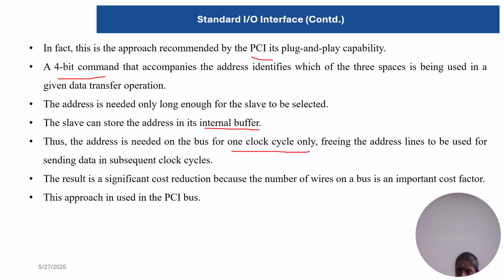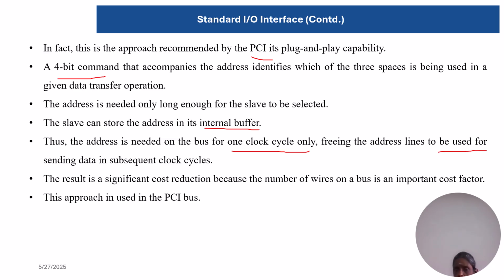In the same way, sending the request and responding by the slaves will occur during only one clock cycle. So the slave responds to the address within one clock cycle, freeing the address line to be used for other purposes.